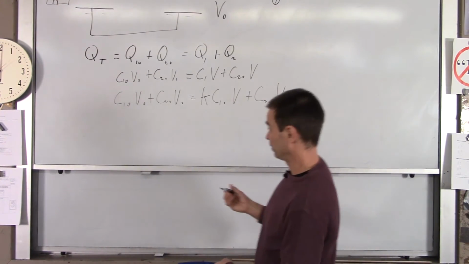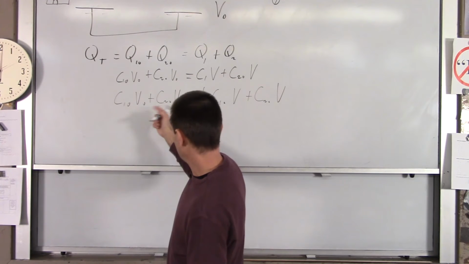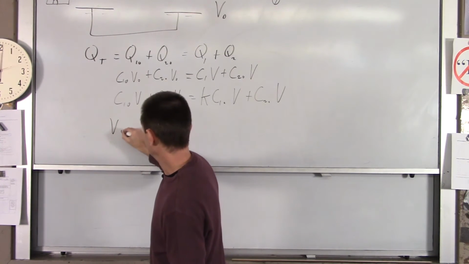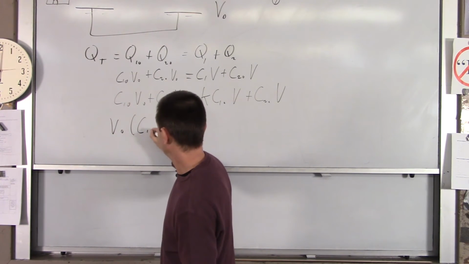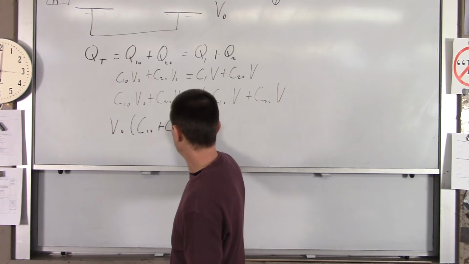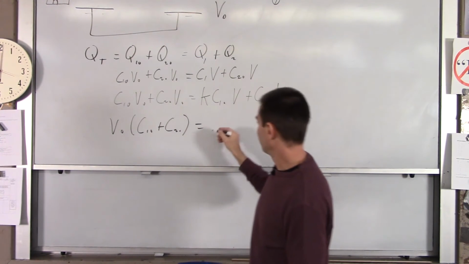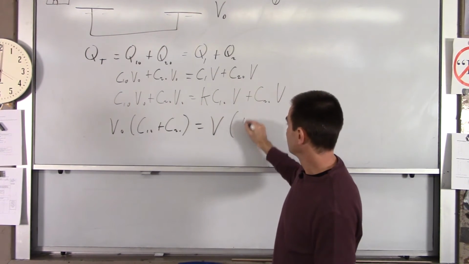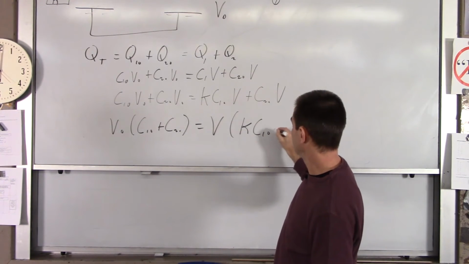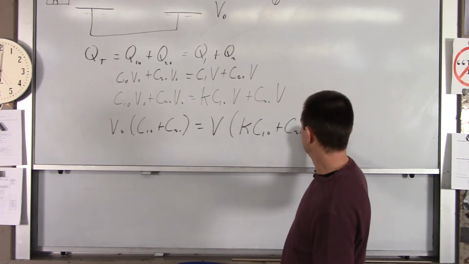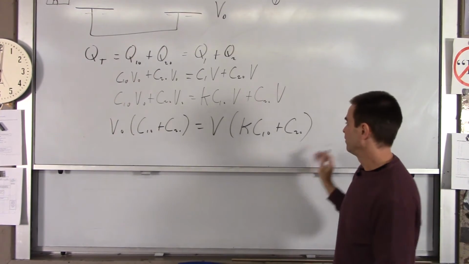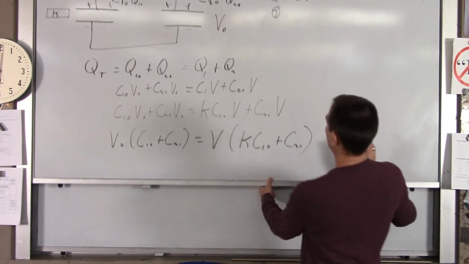So we just do a little bit of algebra. I factor out the V naught here, so I get V naught times C1 naught plus C2 naught equals, over here I factor out the V, kappa C1 naught plus C2 naught. And you get V by itself, and I'll write that over here.